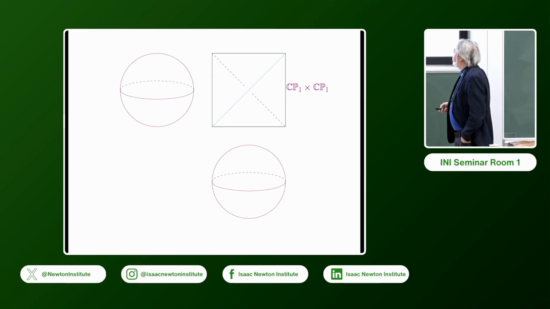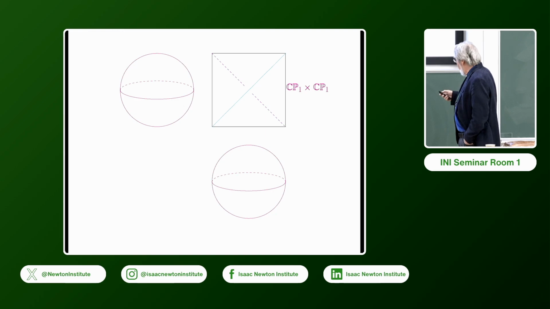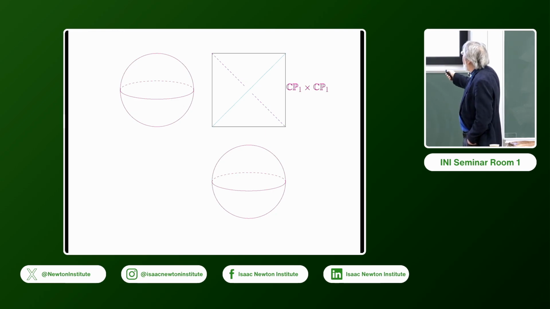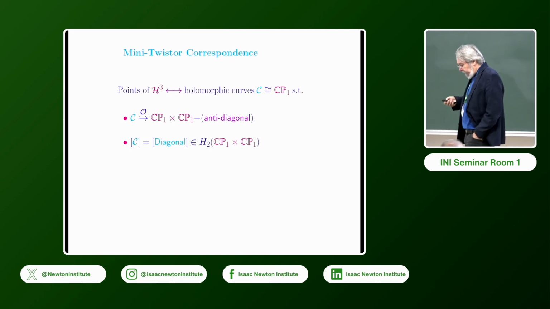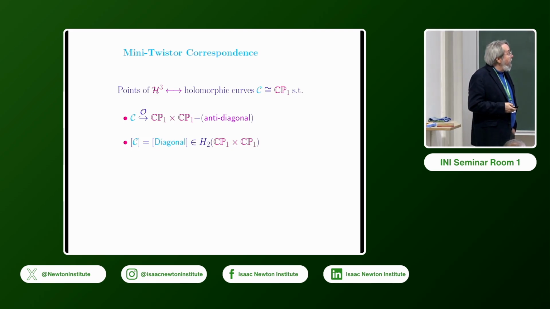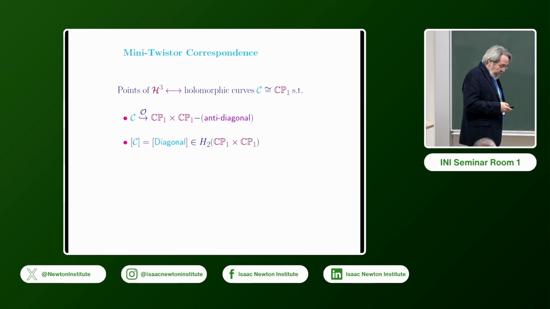Here I've drawn the anti-diagonal as this dotted line, and the curve we're talking about might be the usual diagonal, in the same homology class as the diagonal.